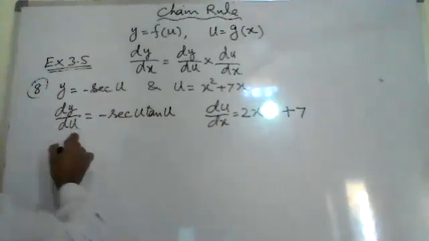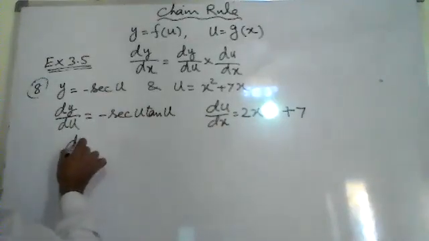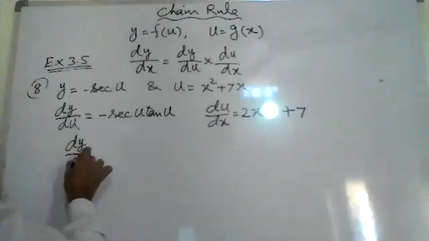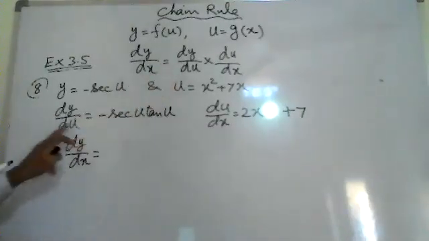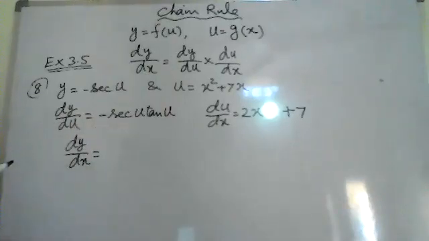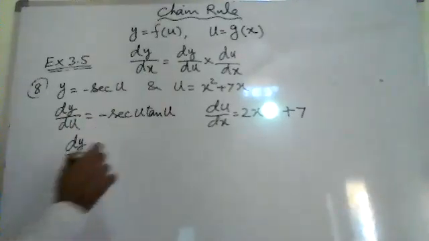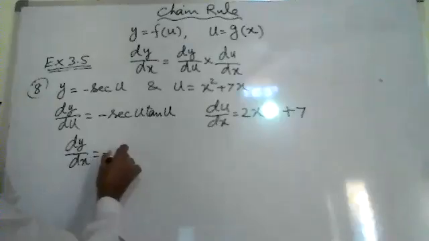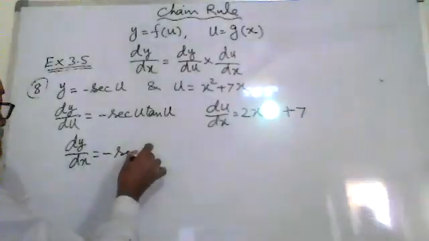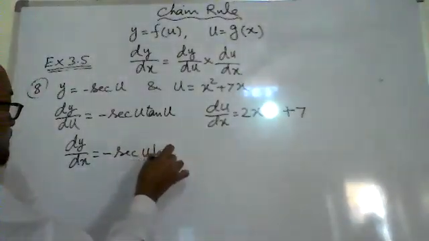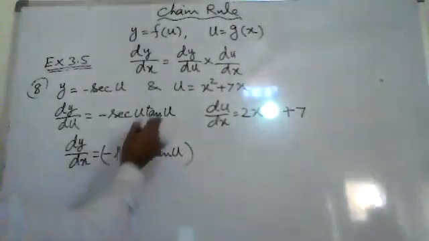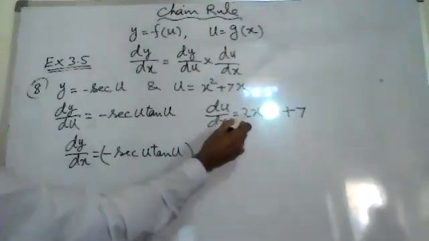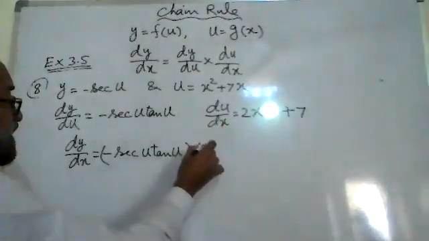So dy upon dx will be equal to dy upon du, that is minus sec u tan u, into du upon dx, that is 2x plus 7.